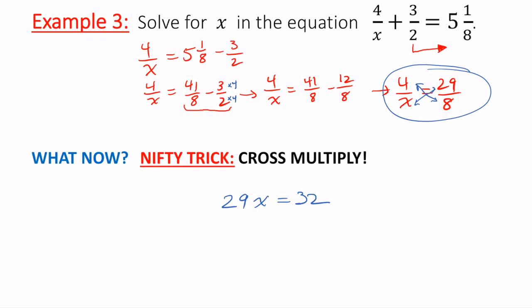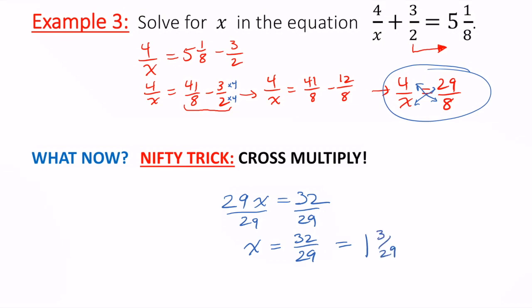And to finish this off, we need to divide the left-hand side by 29. And what we do to the left-hand side, we have to do to the right-hand side. So we're left with x equals 32 over 29. Or as a mixed fraction, we have 1 and 3/29.